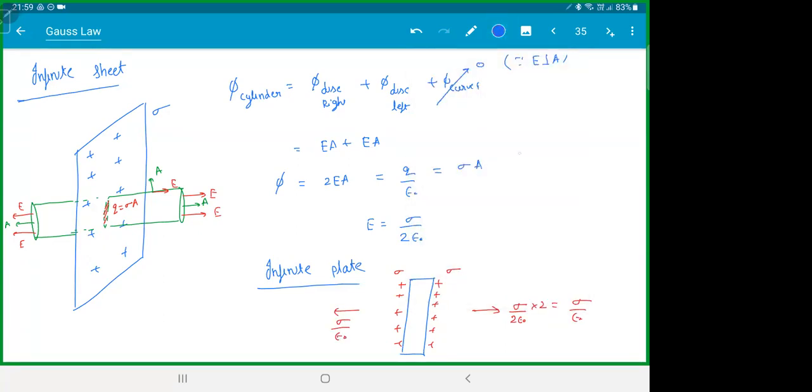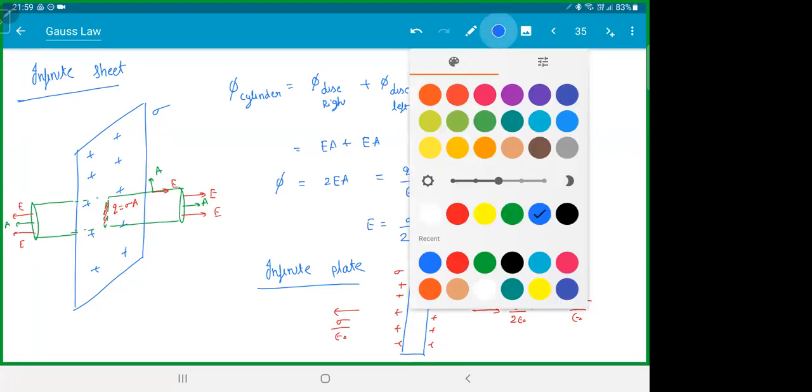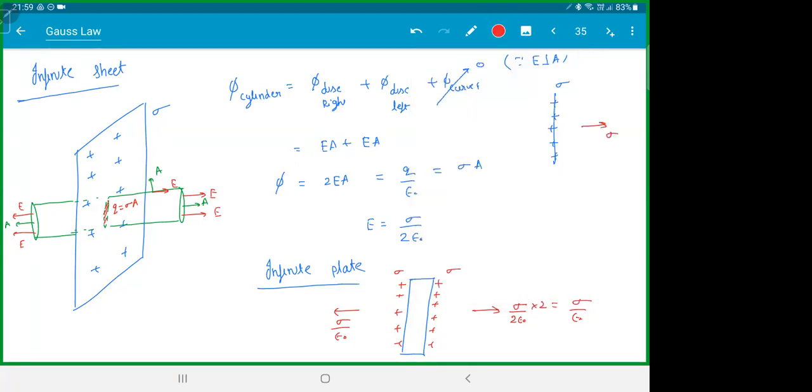So whenever you have a sheet, it is simply a single surface, meaning when you see from the left side or right side, you're seeing the same thing. Sigma by 2 epsilon, sigma by 2 epsilon. This is another result which you need to remember with infinite sheets. Have a look at this.